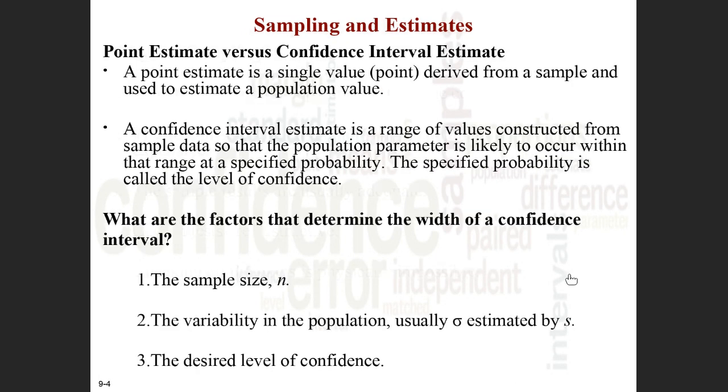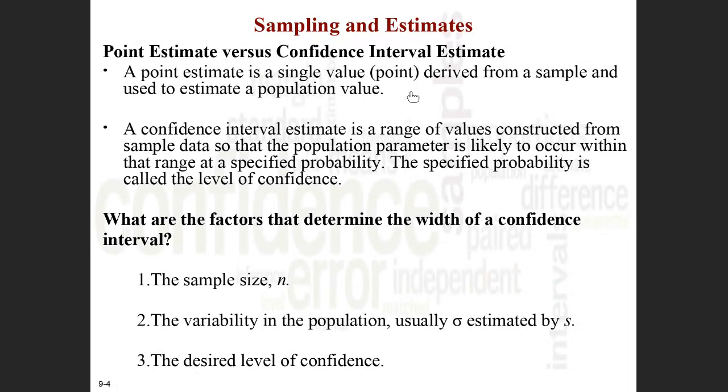Okay, so a point estimate is a single value. It's one point derived from a sample and used to estimate a population value. That could be the mean, the variance, the standard deviation, whatever. It's one point from a sample used to estimate a population value.